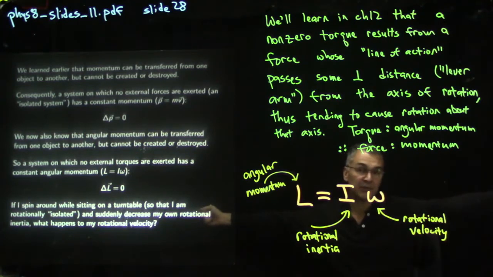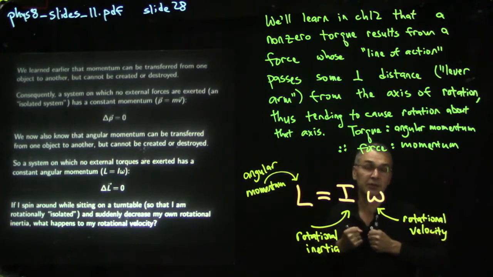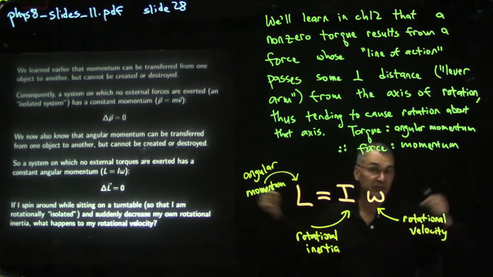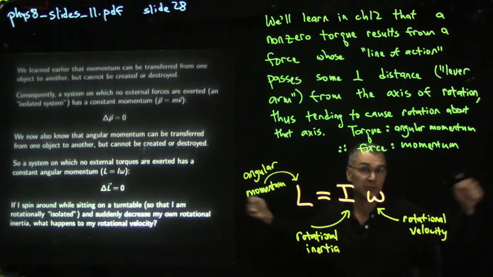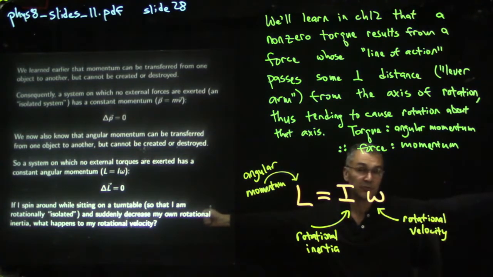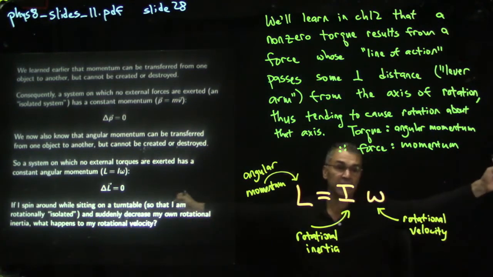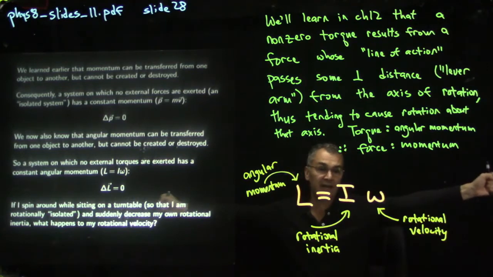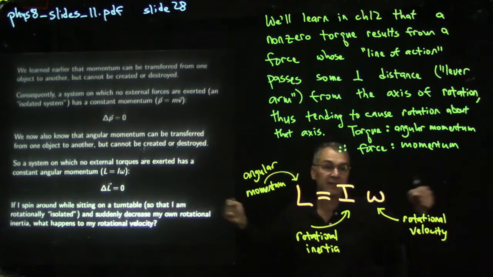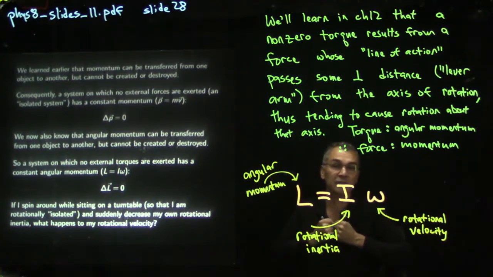So then what happens when I'm turning around at some rotational velocity omega and I suddenly pull in my arms? And maybe especially if I'm not just pulling in my arms, I'm pulling in my arms while each hand holds a dumbbell. So I have a dumbbell in each hand, and my arms are initially outstretched. So there's quite a bit of mass at a significant distance from my axis of rotation, and then I pull that mass in very close.